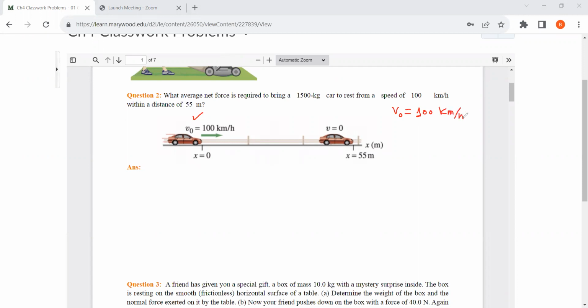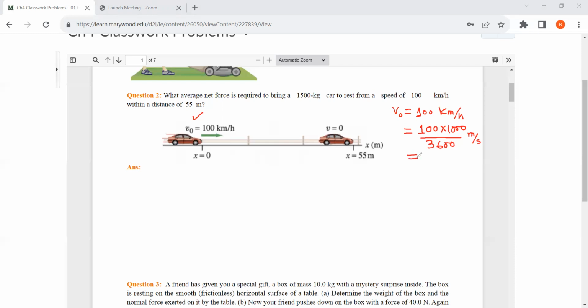This is not in standard international unit, so you have to convert it into meter per second. 100 times 1000 for kilometer to meter, and then 3600 for hour to second.